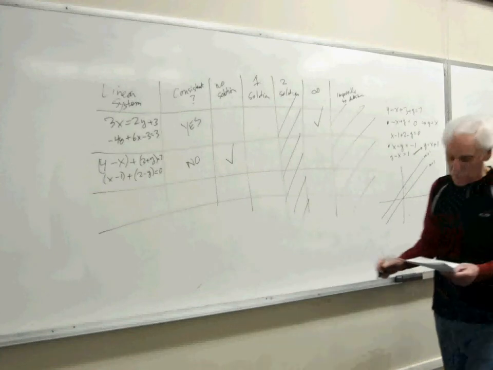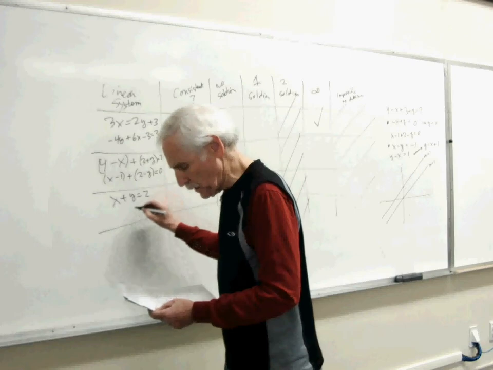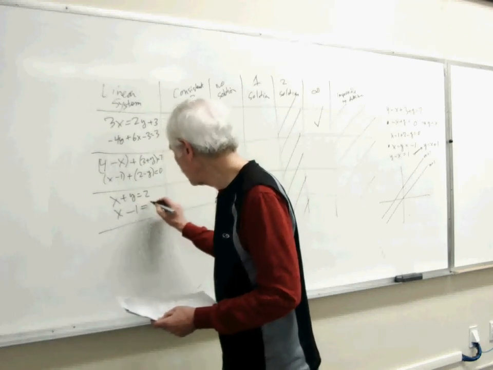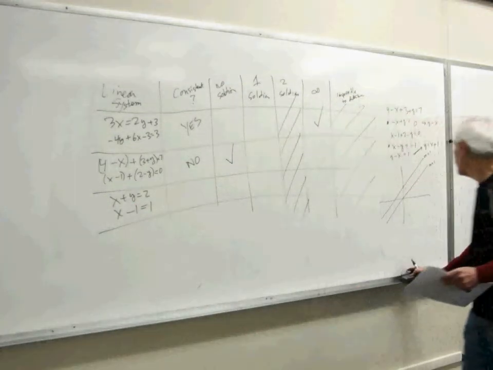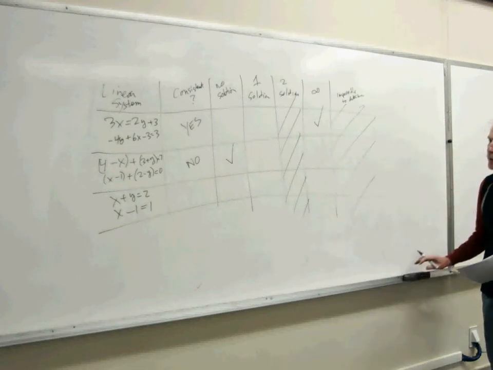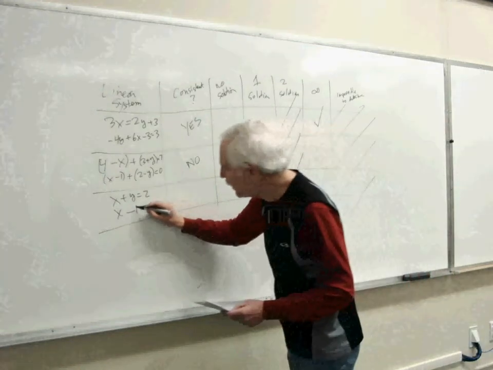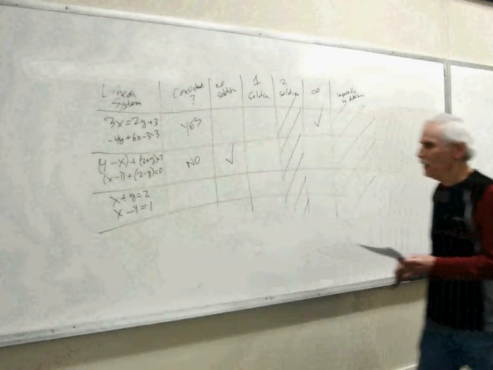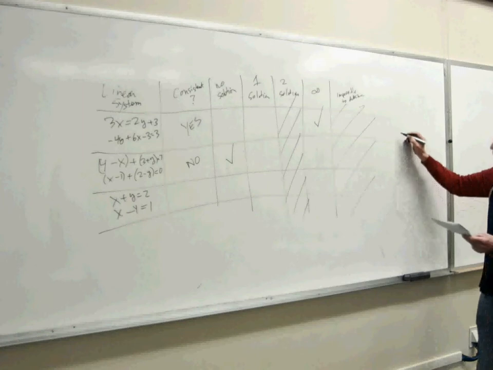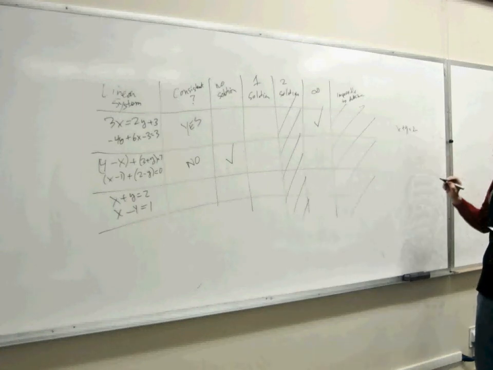Oh, the last one is x plus y equals 2, and x minus y equals 1. Okay. Well, let's look at this. Oops, x minus y. Okay. So let's put x plus y equals 2 into slope-intercept form.